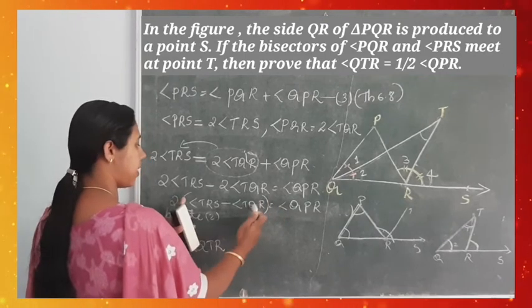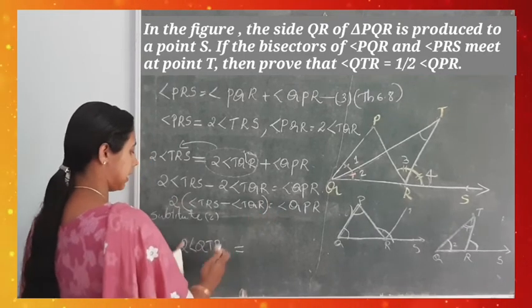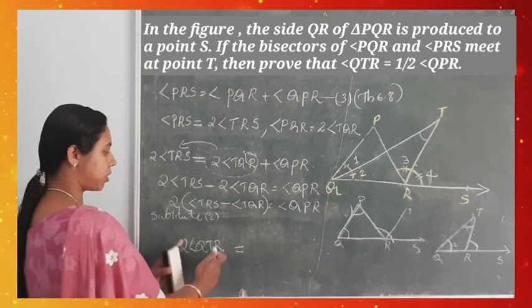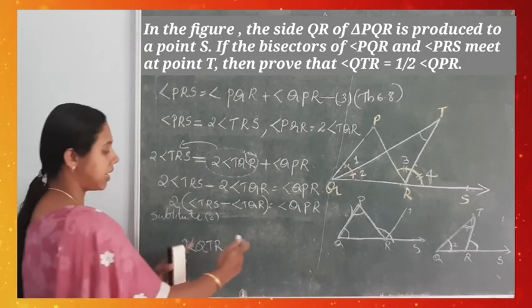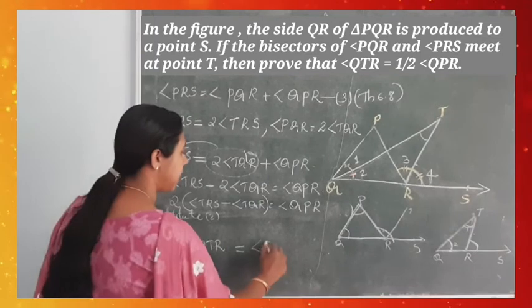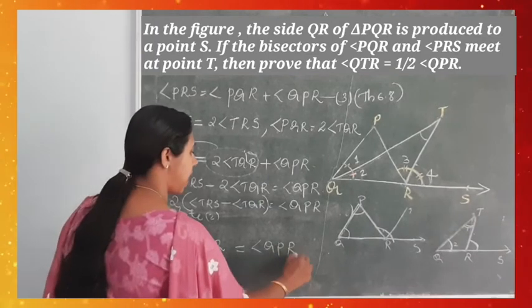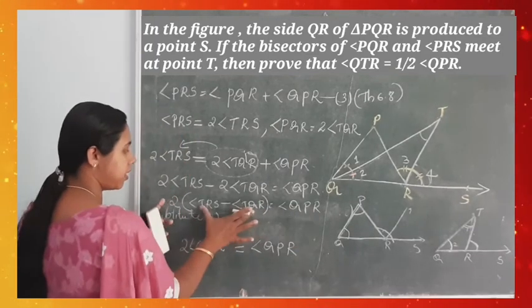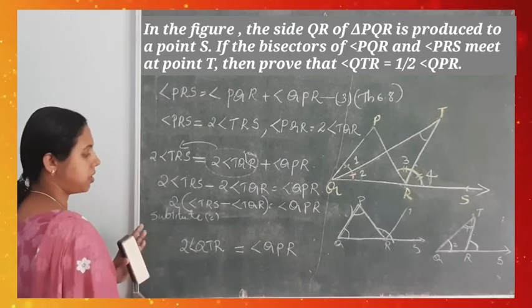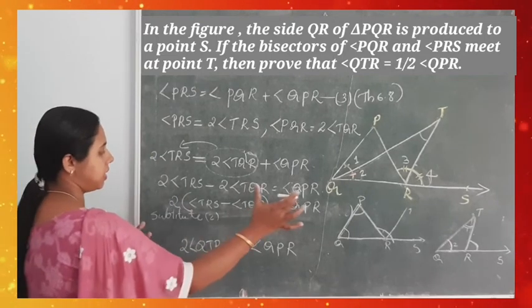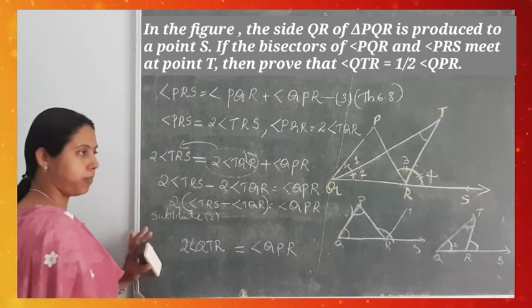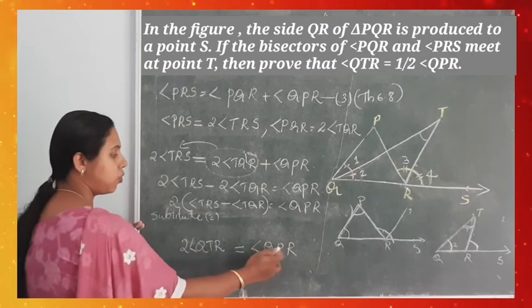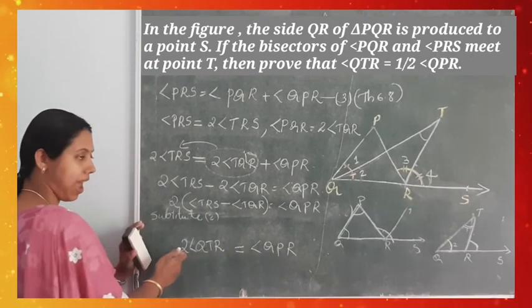We know that the difference of these two angles is equal to angle QTR. So 2 angle QTR is equal to angle QPR. Now we got angle QPR is equal to double of angle QTR.